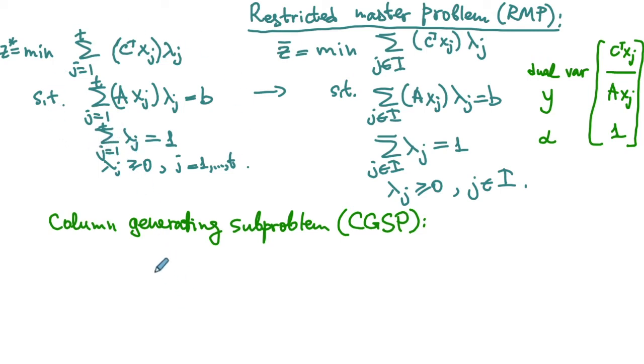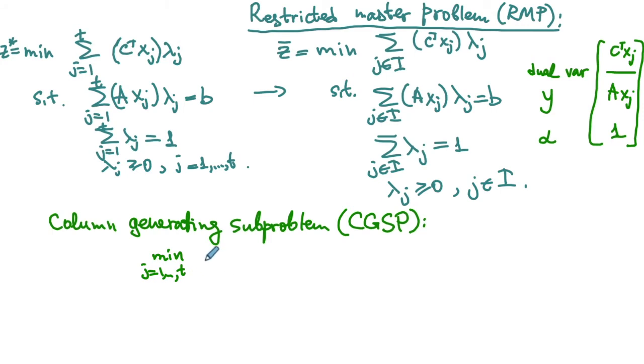So our column generating subproblem is to find the smallest reduced cost, which means that we are minimizing for j between 1 and t, and the reduced cost is given by the difference of the coefficient we have in the objective and then the vector of optimal dual variable values multiplied by what we have in this column in the constraints, right?